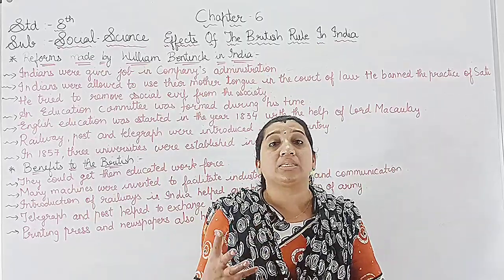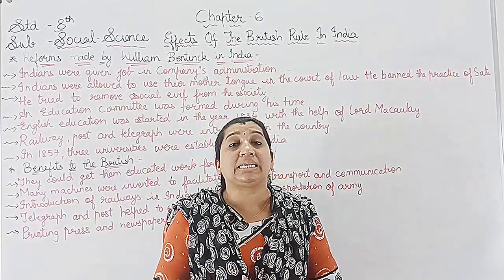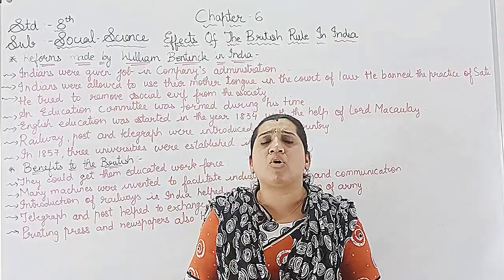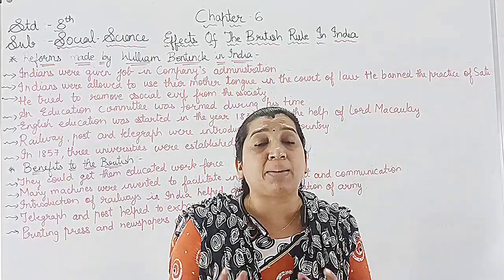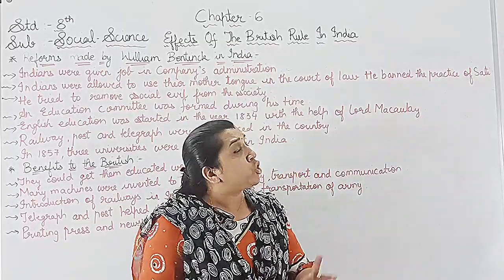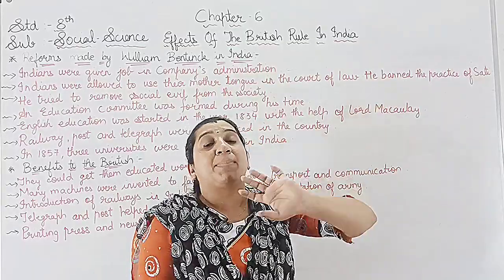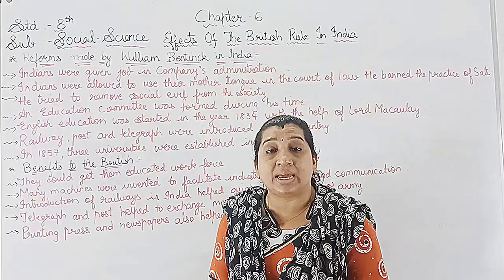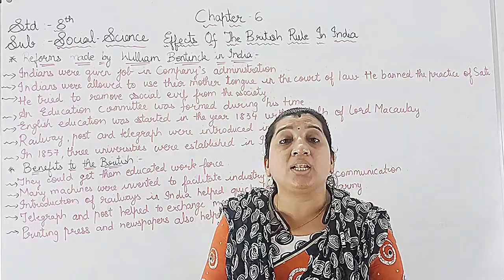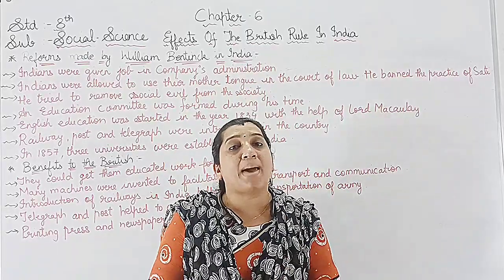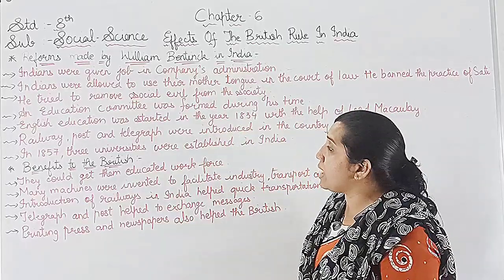By that incident, Raja Ram Mohan Roy decided to ban the sati pratha in India. So with the support of William Bentinck, they banned the practice of sati, and from the year 1829 there was a ban on the sati system in India.